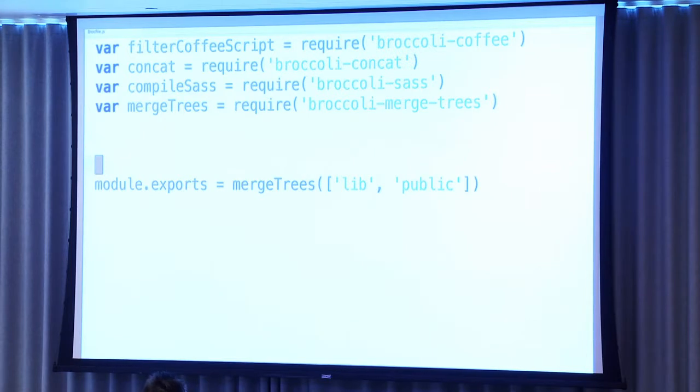But we have CoffeeScript files in the lib directory, so let's run the CoffeeScript compiler on it first. So we call filterCoffeeScript on the lib tree and get a new virtual tree, we're going to call it libCompiled. And then instead of lib directly, we pass libCompiled into mergeTrees.